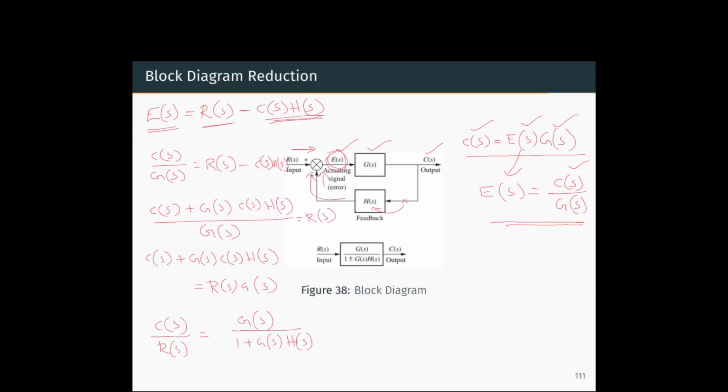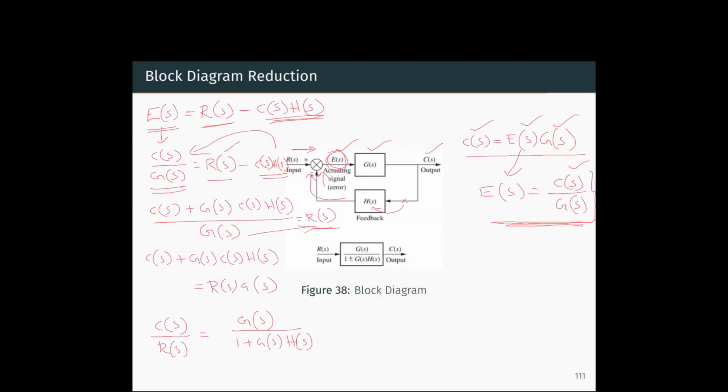And from here, we are substituting E of s. So E of s we had already obtained as C of s by G of s. So C of s by G of s is equal to R of s minus C of s H of s. Now I am rearranging, keeping only R of s on the right hand side. C of s plus G of s into C of s H of s, divided by G of s, is equal to R of s.